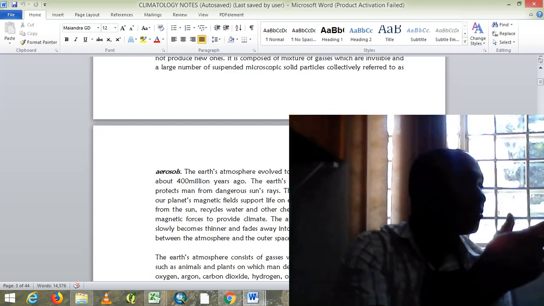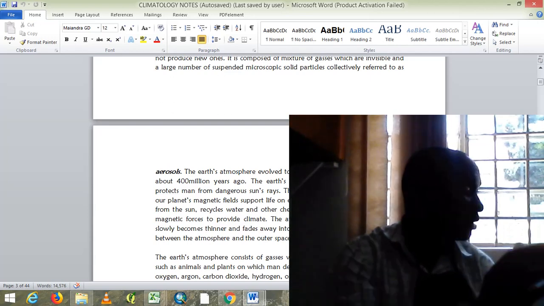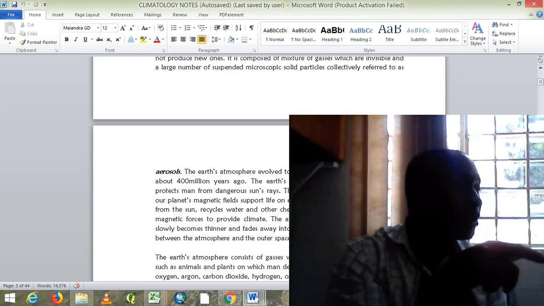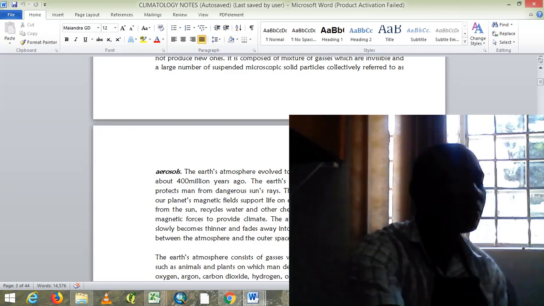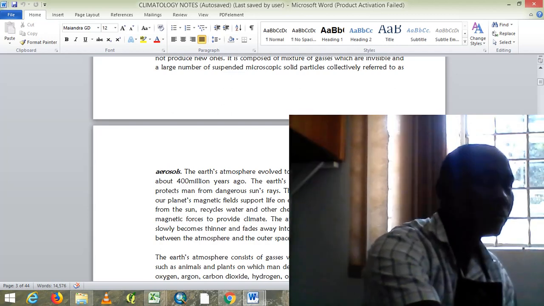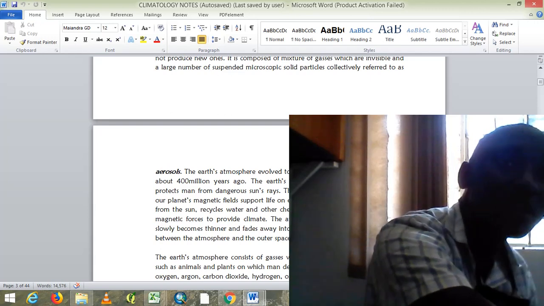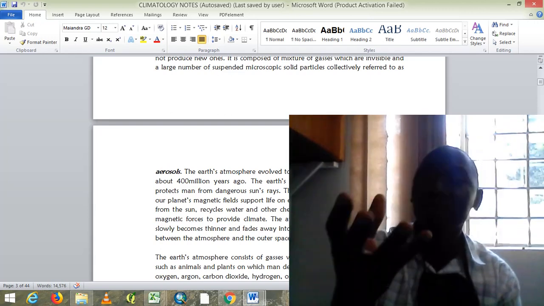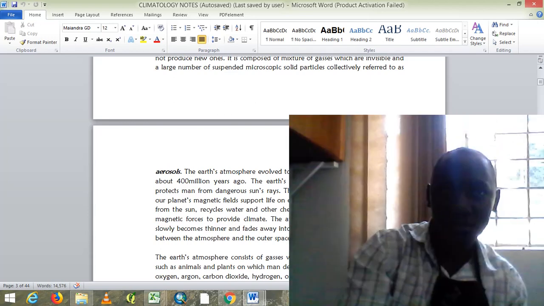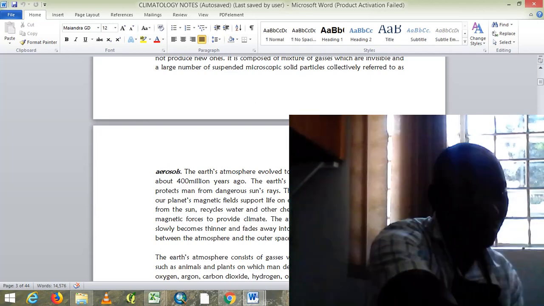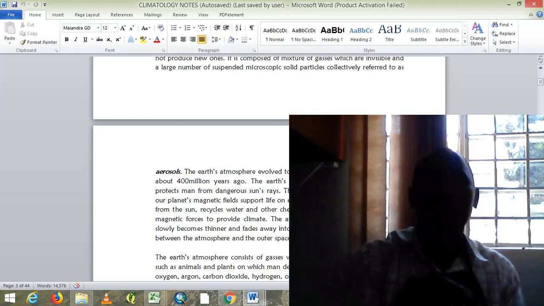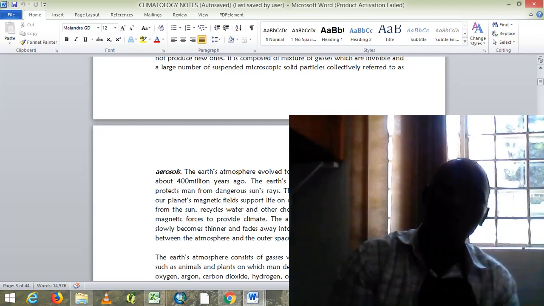If right now it became very dark, there was no sunlight, when you are moving out of this room, what would you do? You want to see where the objects are so that you avoid them. Because your eyes cannot produce their own energy. The eyes depend on what's there. So if this visible was not reaching, you would not be able to see. That's why this atmosphere is very important to man.